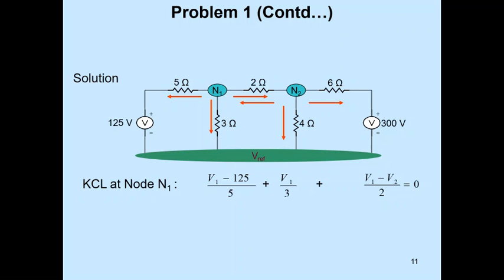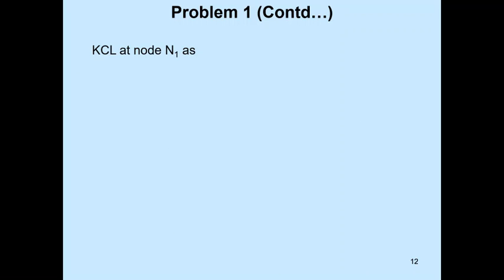This is the first equation. Again, (V1 minus 125) by 5 plus V1 by 3 plus (V1 minus V2) by 2 is equal to 0. The algebraic sum of these three currents is equal to 0. Now KCL at node 2: (V2 minus V1) by 2 plus V2 by 4 plus (V2 minus 300) by 6. These are the two voltage equations. Rearranging these two equations, we get V1 into (1 by 2 plus 1 by 3 plus 1 by 5) minus V2 by 2 is equal to 25.